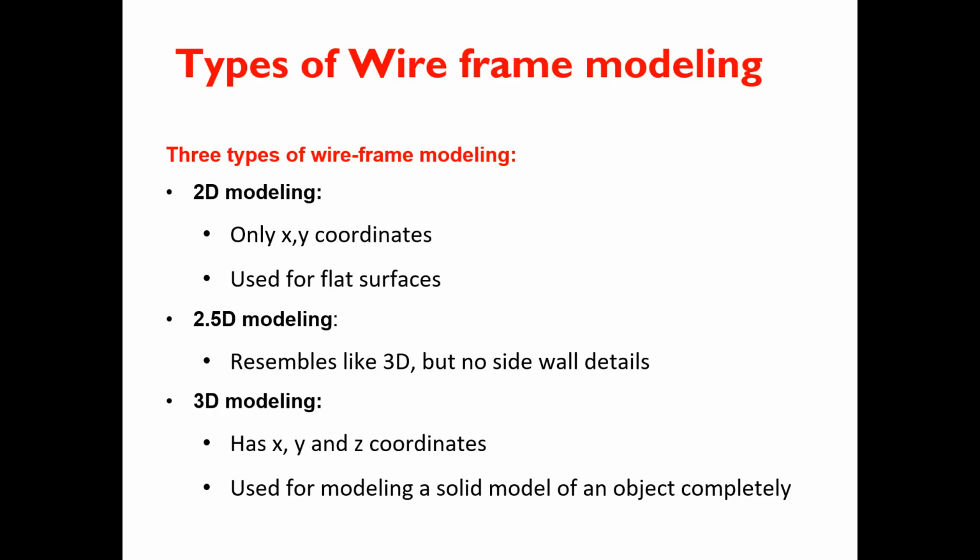Then we have three-dimensional modeling, in which we use all three coordinates, that is x, y and z coordinates, to represent the three-dimensional geometry of the object. So it is considered a complete model of a solid object. When we use a wireframe representation in all these models, we can say that these are the types of wireframe modeling techniques. So we'll be using the wireframe modeling technique in 2D, 2.5D and 3D.